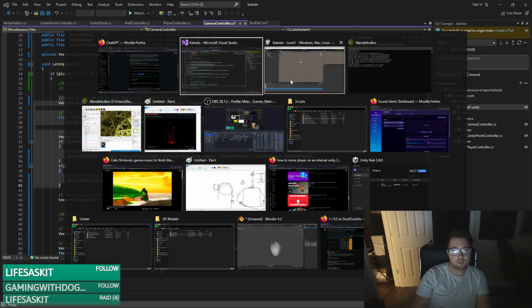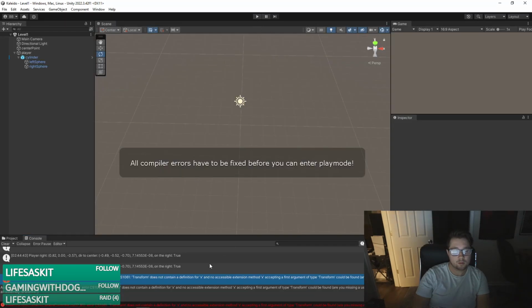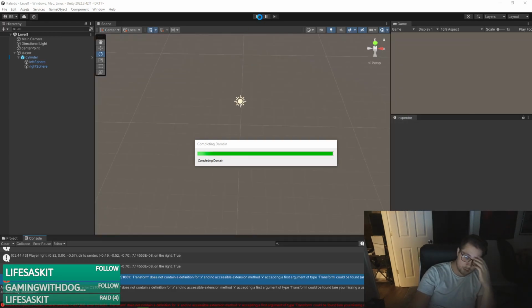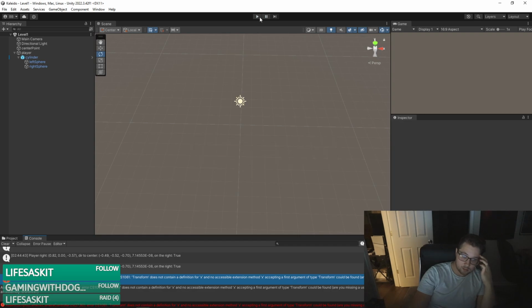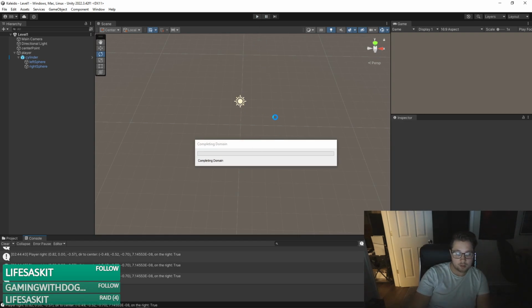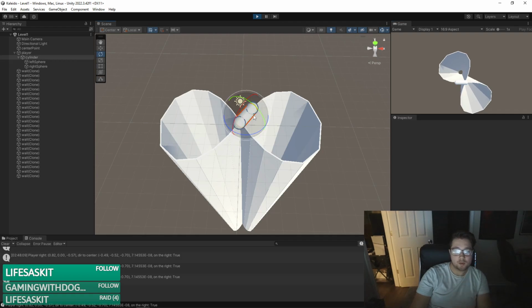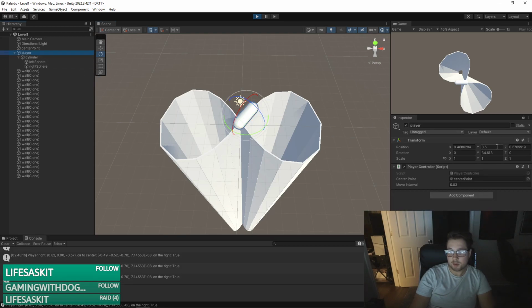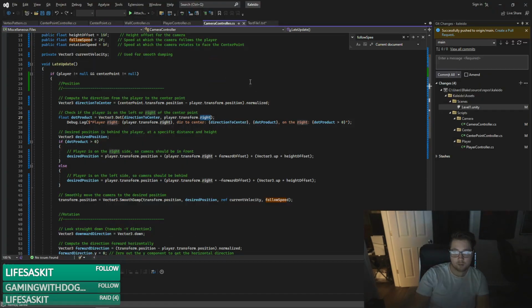Okay, hold up. Okay, I know a super easy way to do this. So the position is y 0.5.